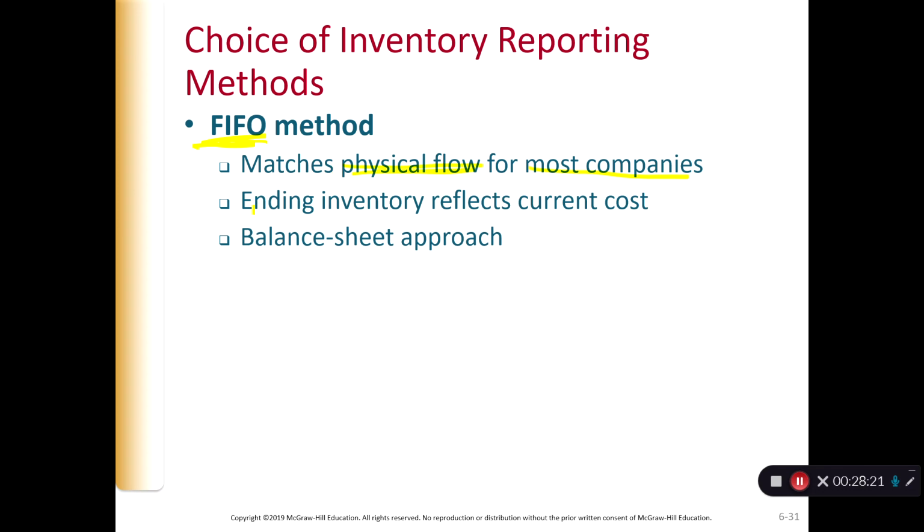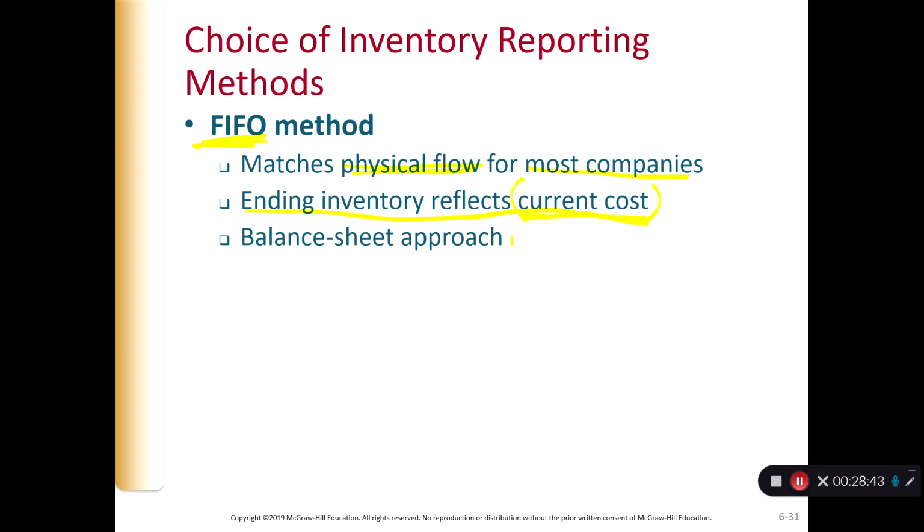The second characteristic is that the ending inventory of the FIFO method reflects the current cost. The things you purchased most recently are what's left in your inventory list, so your inventory is recorded at the most current cost.